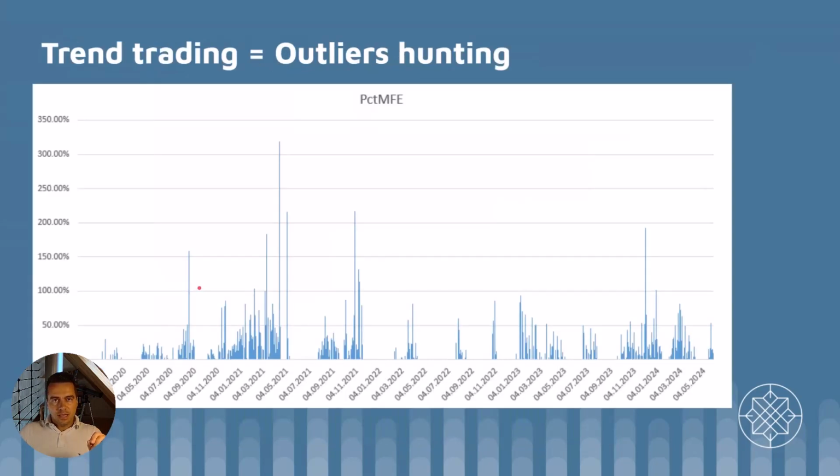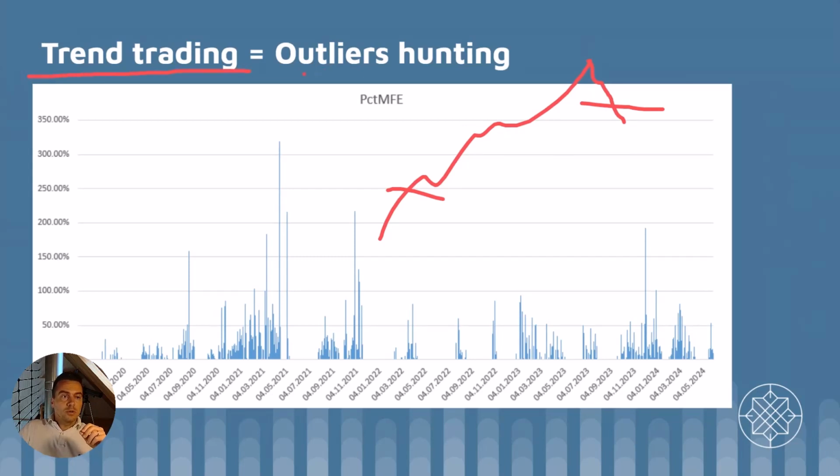The main reason is that trend trading, which is basically trading when we enter a market and we are trying to stick with the market or with the coin as long as there is a trend until the trend stops. And you have to know that trend trading over the long term, for sure, is about outliers hunting. What it means, you can see on this chart.